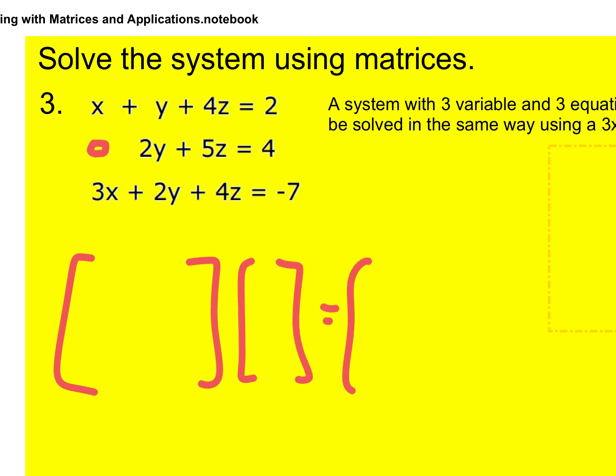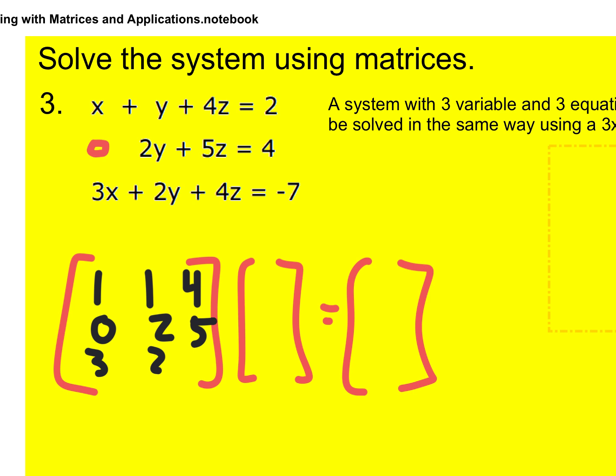Just set it up. And yes, they just go X, Y, Z.